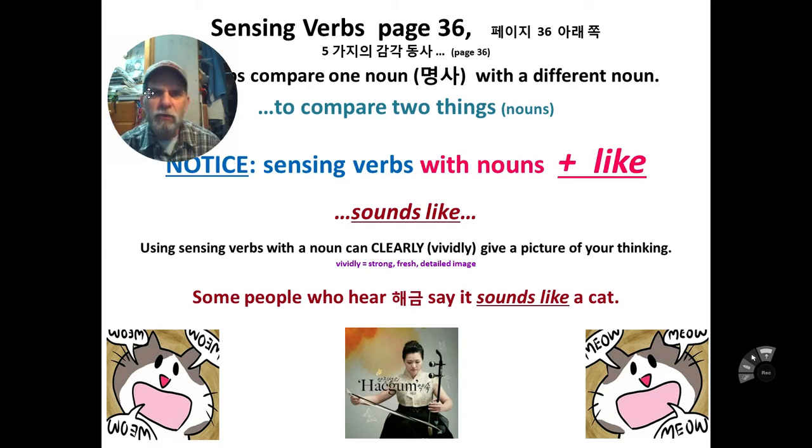If you're using a sensing verb with a noun, you have to have two different nouns in the sentence. Using the nouns, it gives a vivid picture of what you're talking about. Maybe?